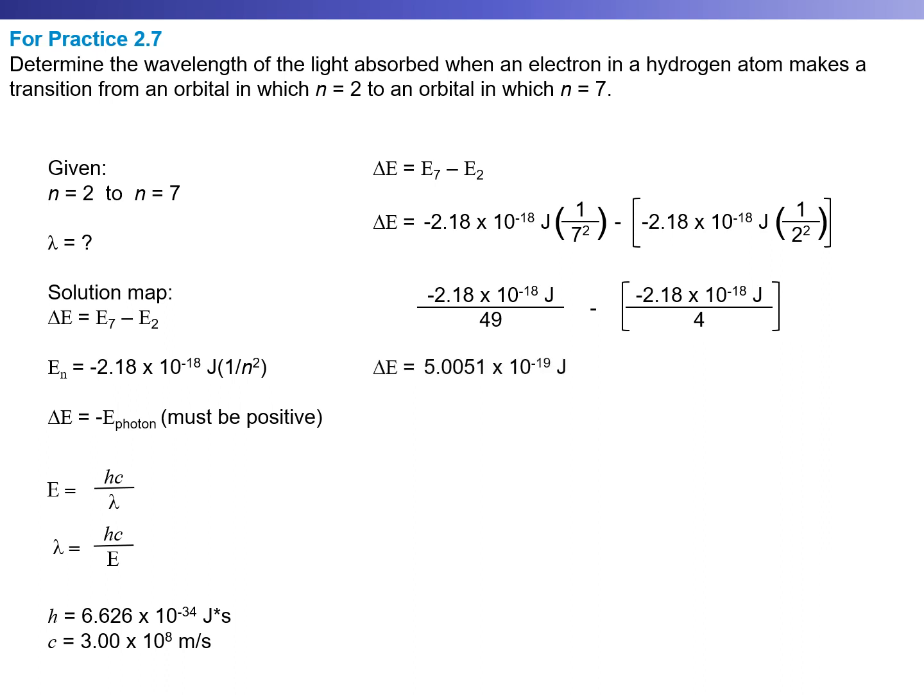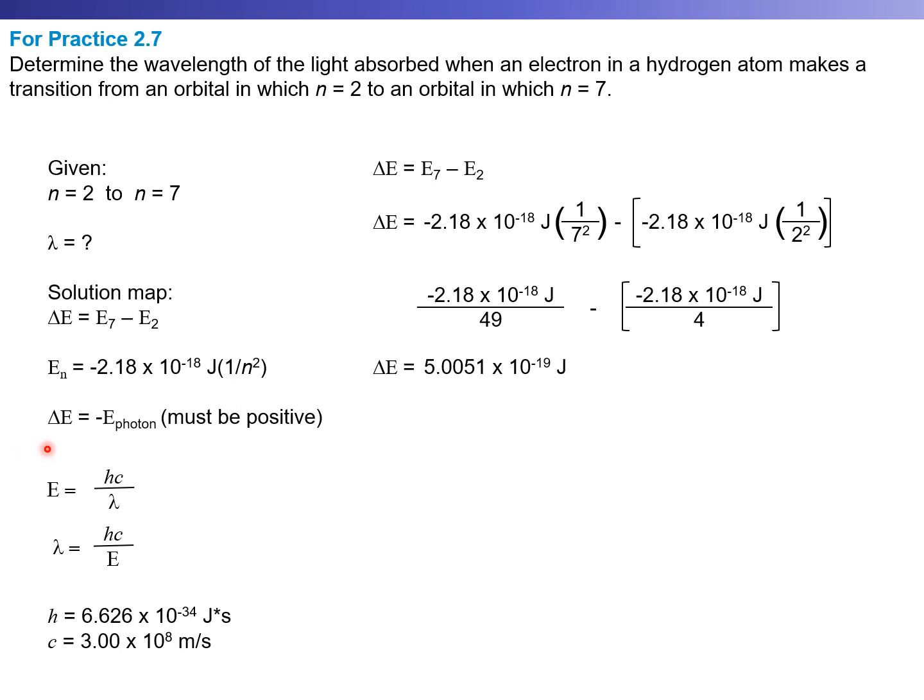So once we do all the math, we end up with an energy change of 5.0051 times 10 to the negative 19 joules. This is the amount of light that was absorbed when our electron hopped from the 2nd orbital out to the 7th. So this is basically the energy of the photon that was absorbed. Now keep in mind, I said earlier that the energy of the photon always has to be positive.